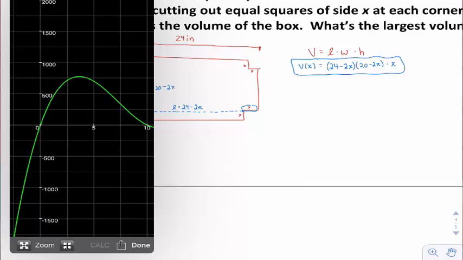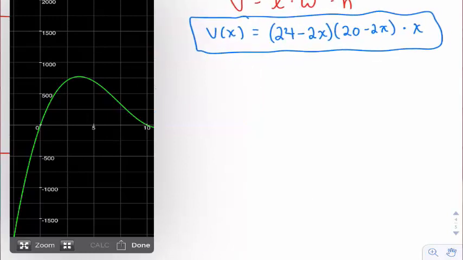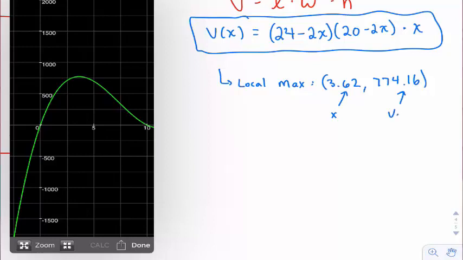So my maximum volume, so my local max, is going to be at about 3.62, and then the volume is about 774.16. Now remember, this is your x value, this is your volume.